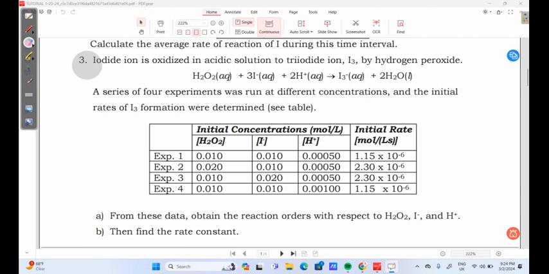Okay. So what are we told? We are told to obtain the reaction orders with respect to the reactants, including H plus. We've been given 4 experiments and we are to find the orders with respect to them. How do we do this?